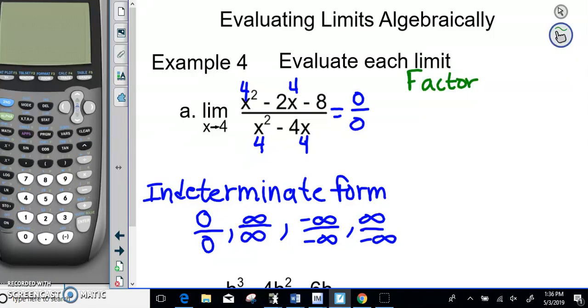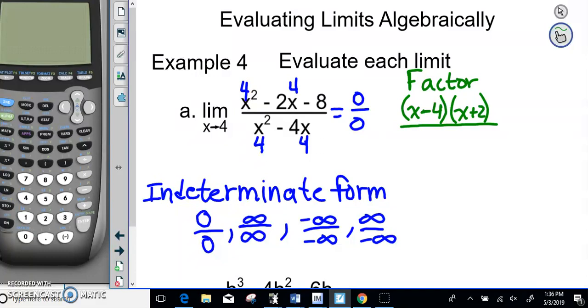So in this case, we're going to factor out this first portion, which gives us 2 parentheses. Hopefully you remember how to factor a trinomial down to 2 factors. You should get x minus 4 here and x plus 2 here.